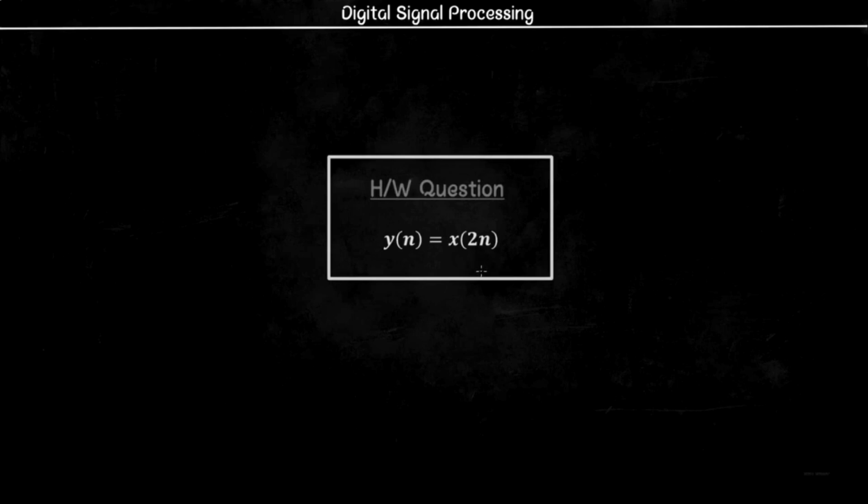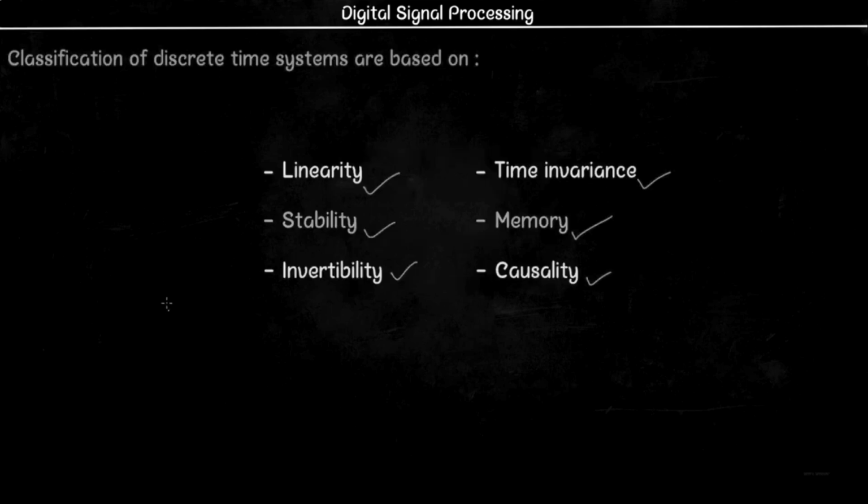Now before ending, I would like to stress the point that for a given system to belong to a classification, it should possess a particular property, and the property must hold true for every possible input signal to the system.